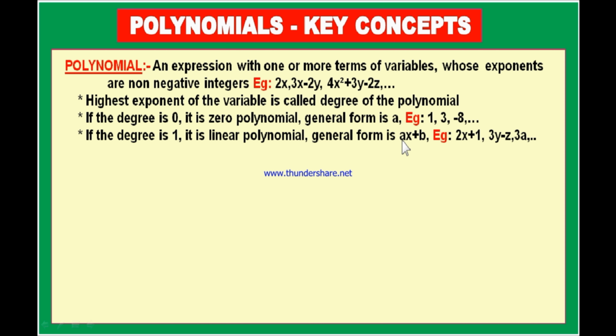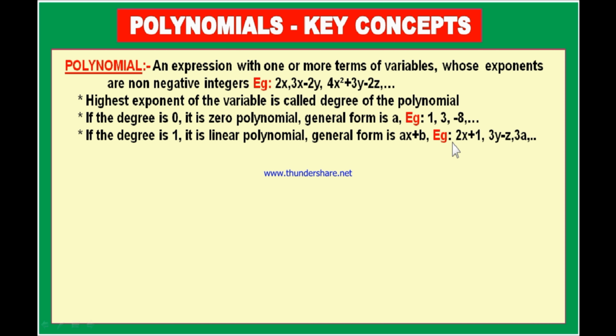Therefore in any polynomial, if the highest exponent of the variable is 1, then the degree is 1. If the degree is 1 for any polynomial, then it is called a linear polynomial. Therefore in any linear polynomial, the degree is 1. The general form of the linear polynomial is ax plus b.